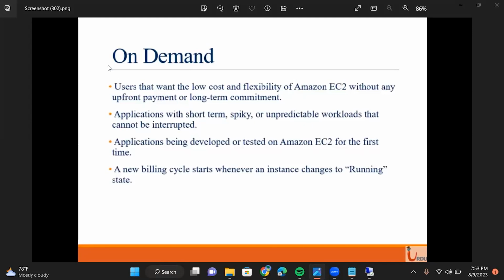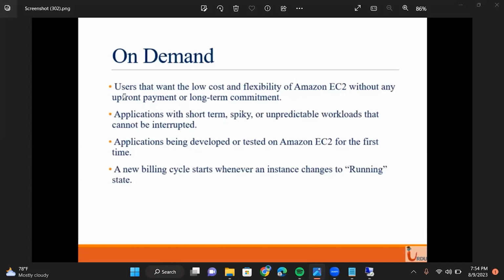Okay. Now let's see what is on demand. Users that want the low cost and flexibility of Amazon EC2 without any upfront payment and long-term commitment. The instance we just created in the lab was an on-demand instance.